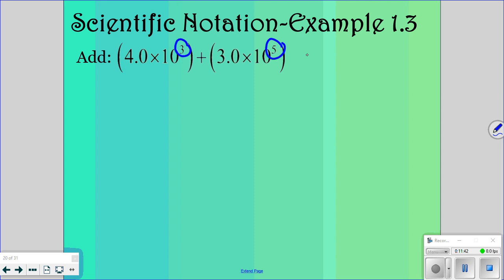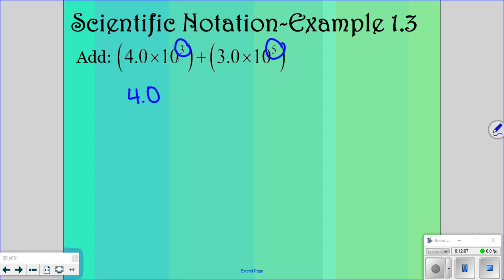And so we can't just add them together because the exponents aren't the same. So we need to put them so that the exponents are the exact same. You can either make them both a 3 or both a 5. It doesn't really matter. I'm going to change this first one so that it's a 5.